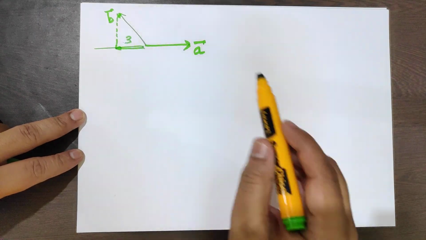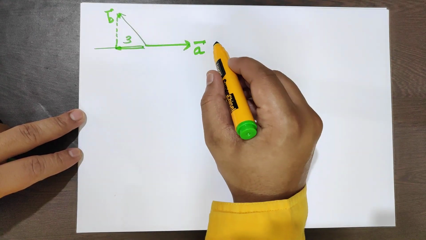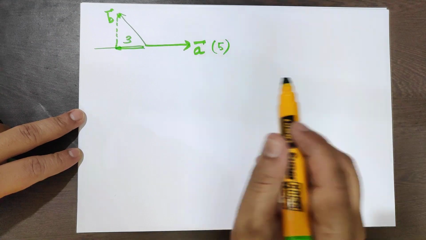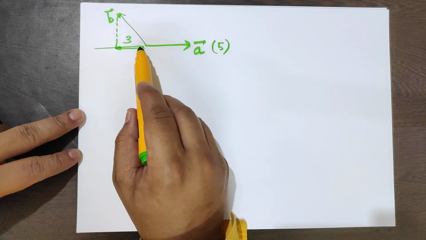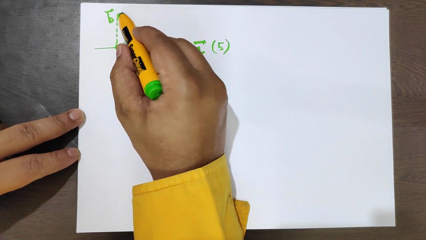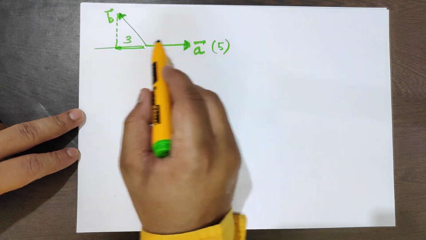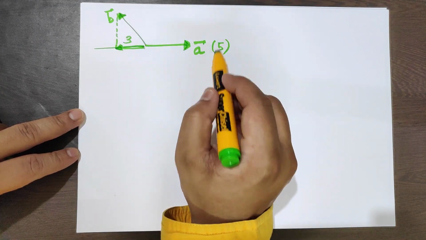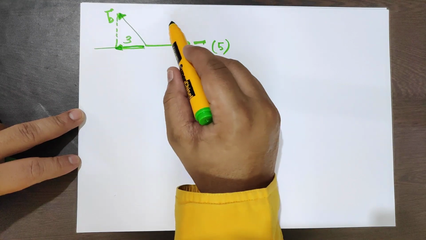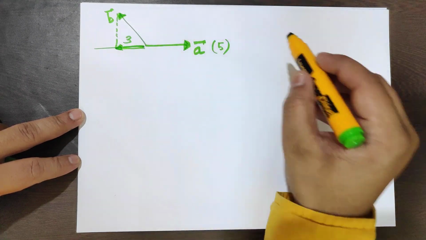Suppose this component happens to be 3 and this is 5, so the dot product would be minus 15.